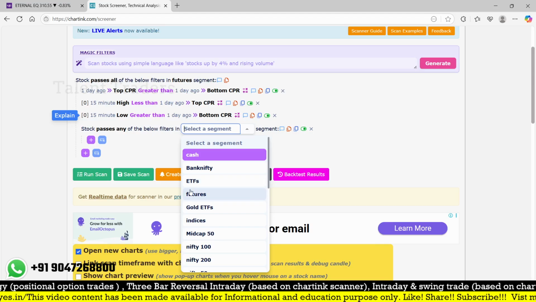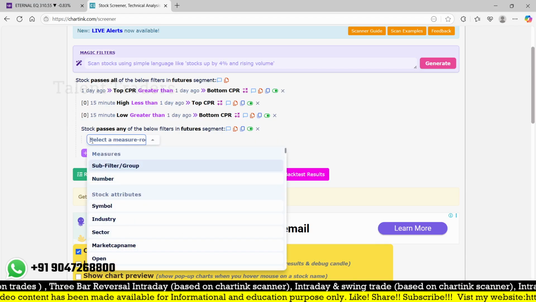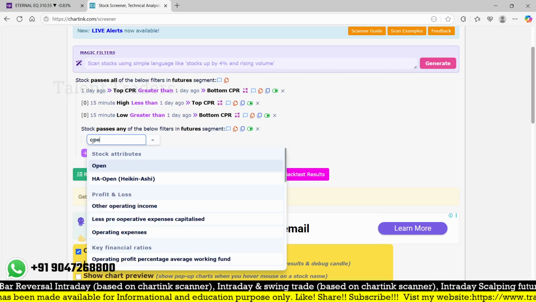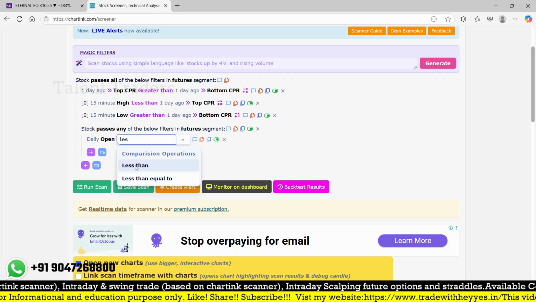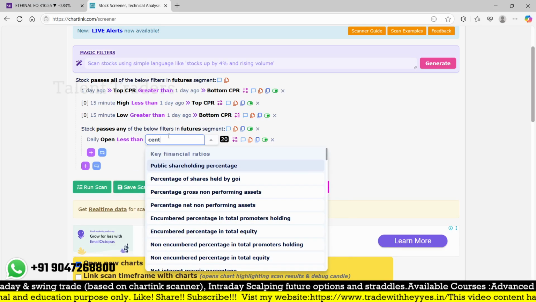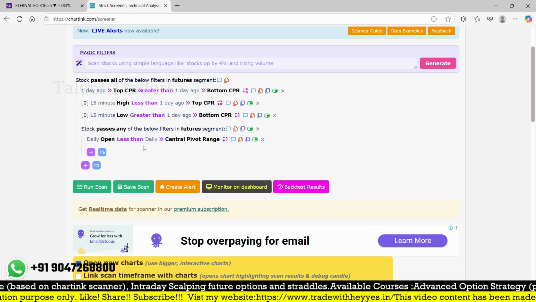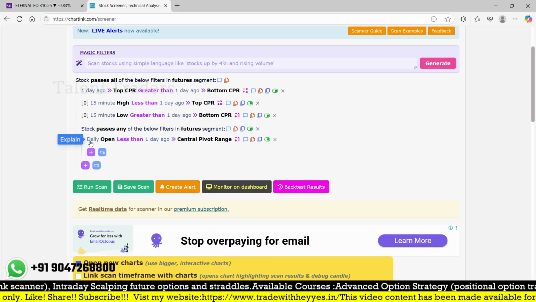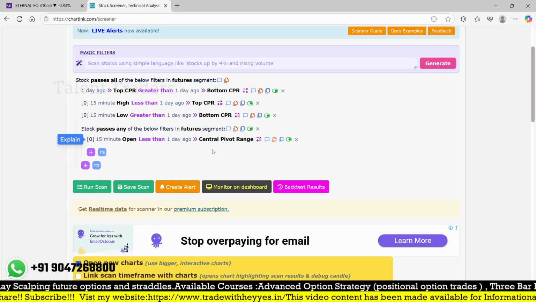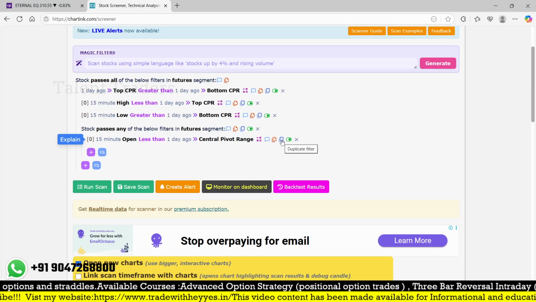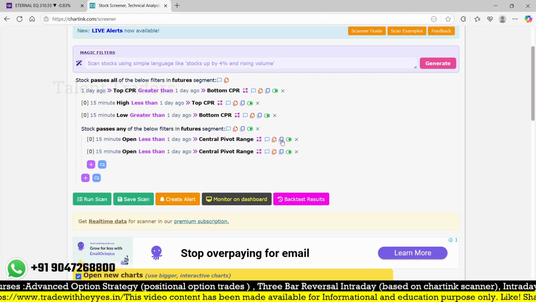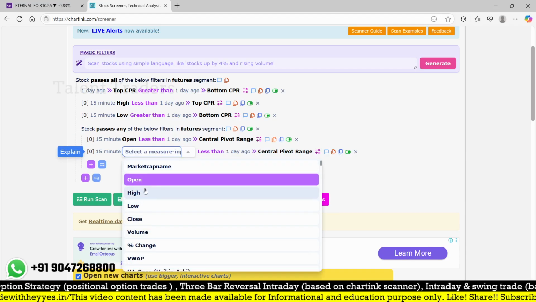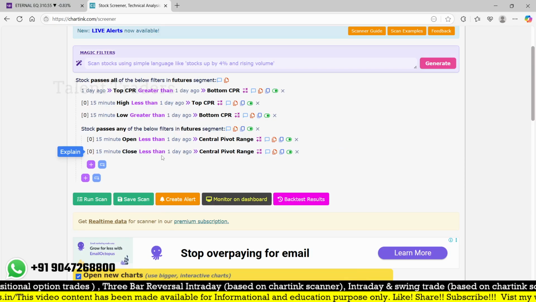Okay, in futures. Here simply we have to add: the open less than central pivot. Okay, so 1 day ago, and we are using 15 minutes open. Close greater than.